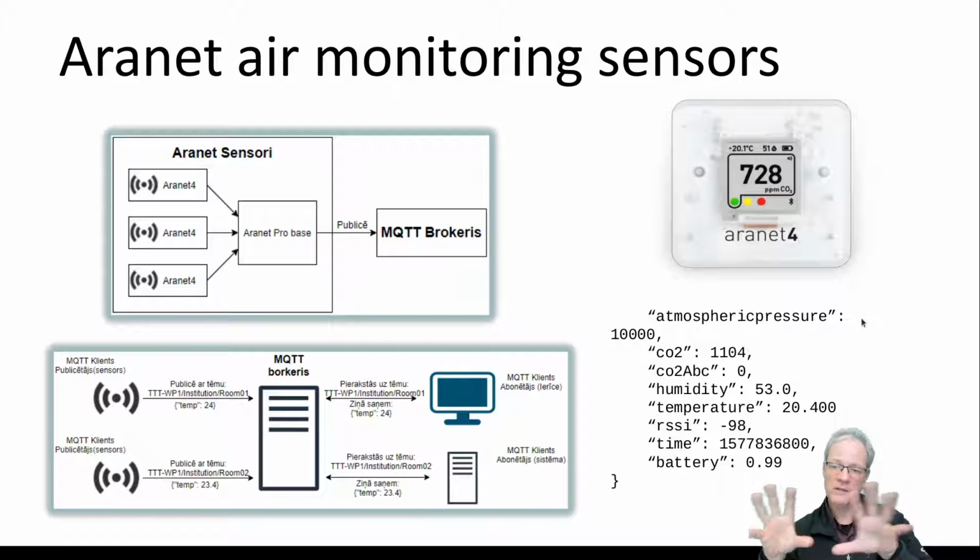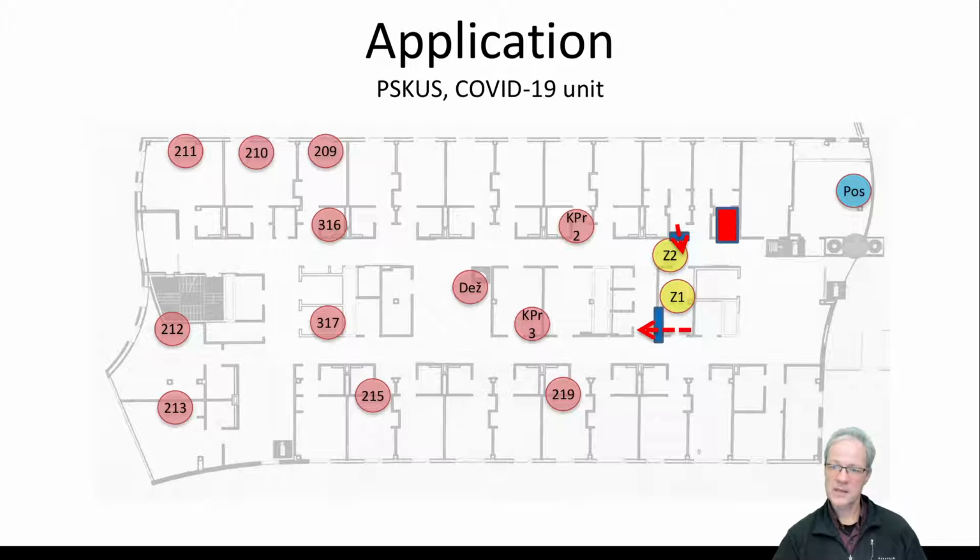So we would have a lot of these sensors. Let's say in one of the applications we had them in a COVID-19 unit in a hospital. So basically having the rooms where the patients are, and then the corridors in between, and the rooms for medical procedures, and things like that. We would monitor air quality in this kind of environment.